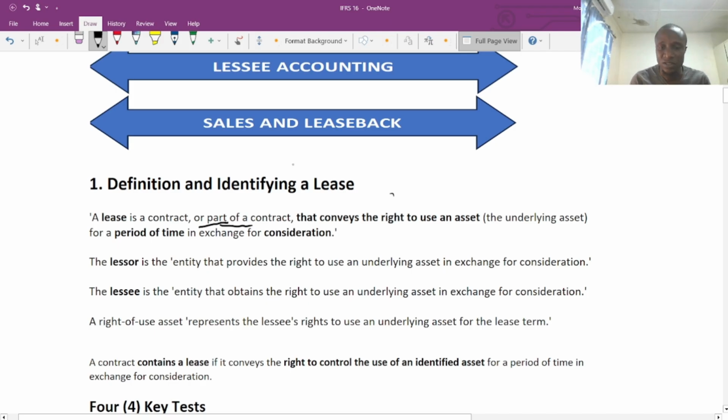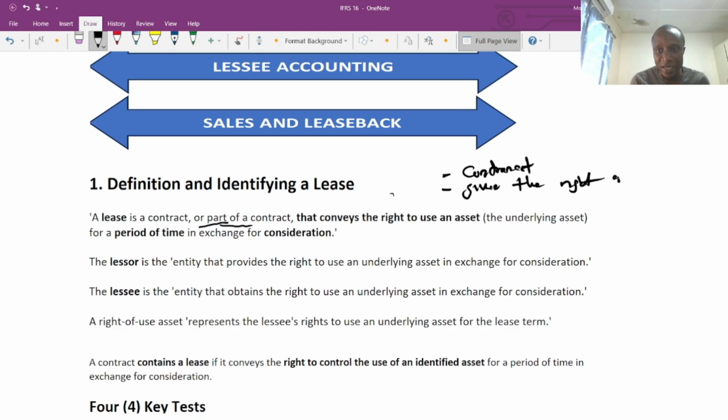Within the definition of leases, you need to know the various components. Firstly, it should be a contract. Second, it should give the right to use the asset.